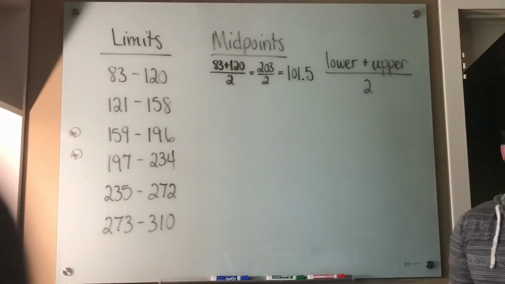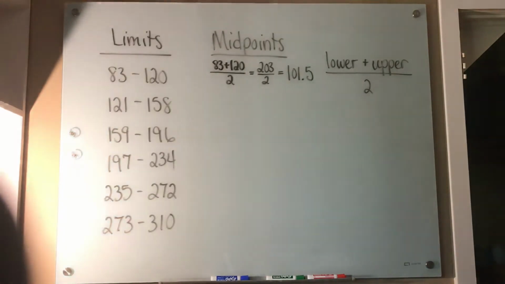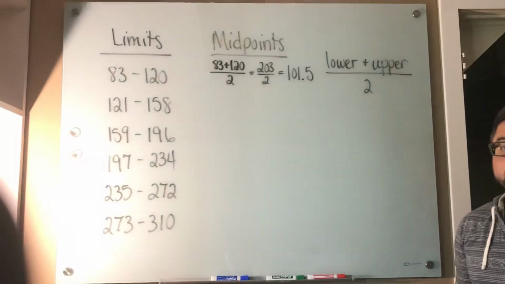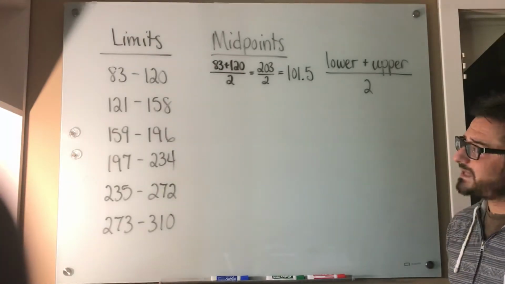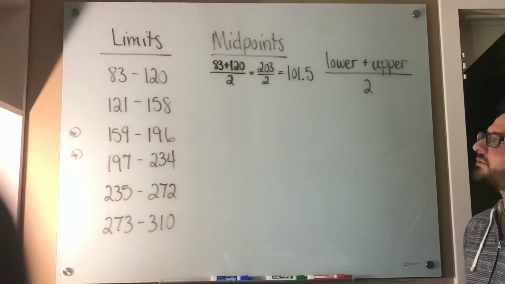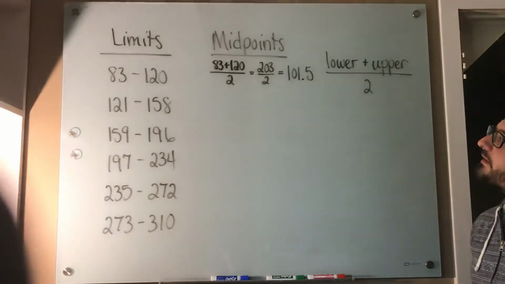We divide that and we get 101.5. Of course, 101.5 would never be one of our actual data values, since all of our data was measured in whole numbers. But much like the class boundaries, if we acknowledge that the times are technically continuous but measured discretely, 101.5 can make sense.